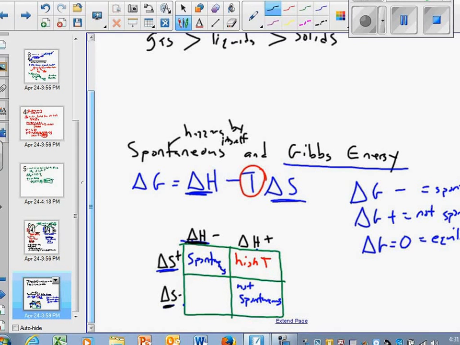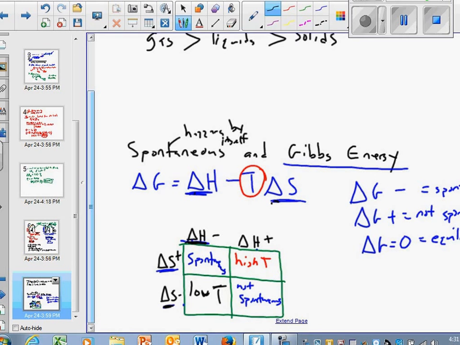So here, the delta H makes it a spontaneous reaction. The delta S makes it not spontaneous. So if we want it to be spontaneous, we don't want delta S to win. To make sure delta S loses, we make the temperature low. So if both things are negative, it only happens at a low temperature.